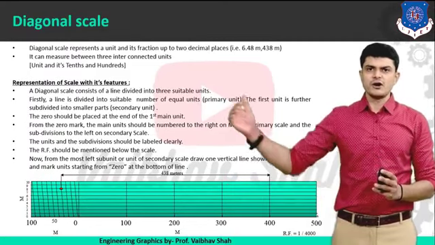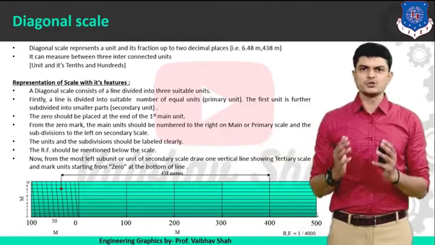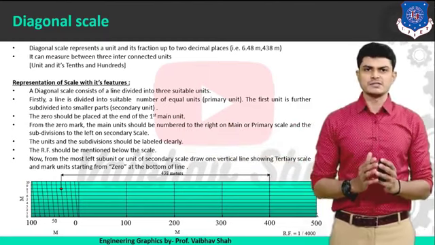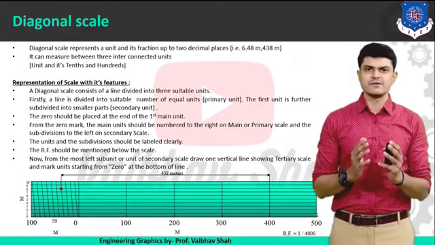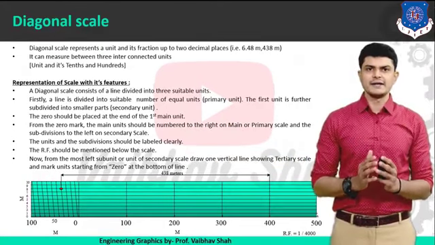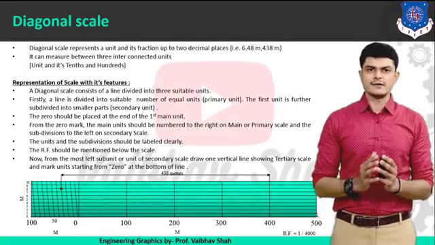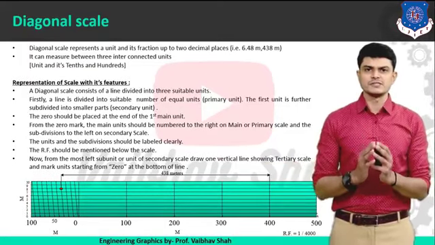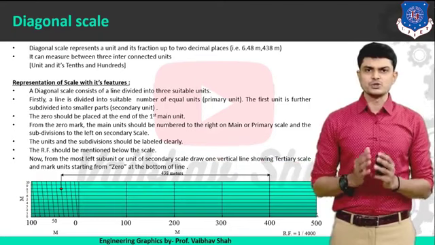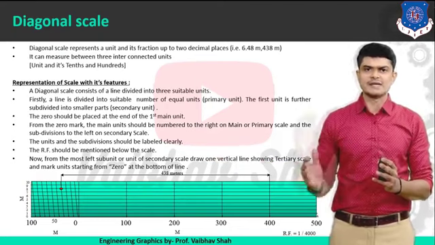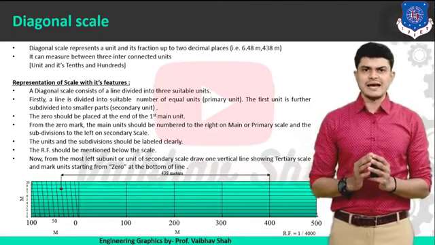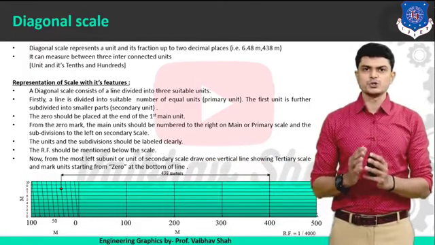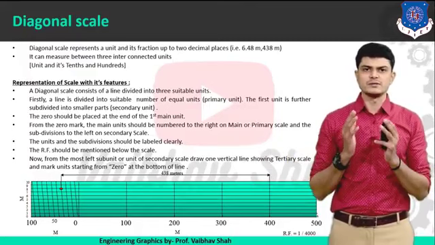After that, from your 0 towards the left hand side, you should divide that portion into some equal number of subdivisions. So here in our case, I have divided my diagonal scale into 10 subdivisions on the left hand side of your 0. After that, you should select the last subdivision of that division on the horizontal line, and from that last subdivision on the vertical line, you should divide that vertical line into one new scale.